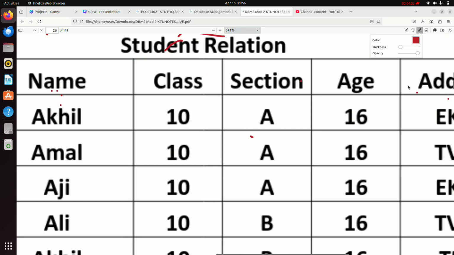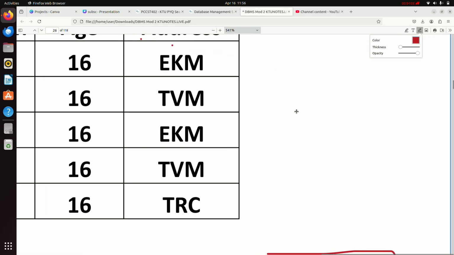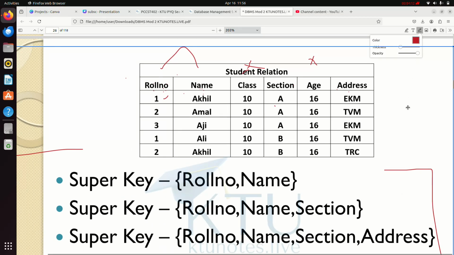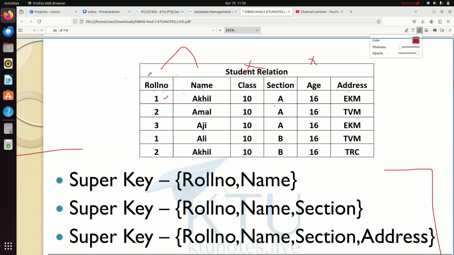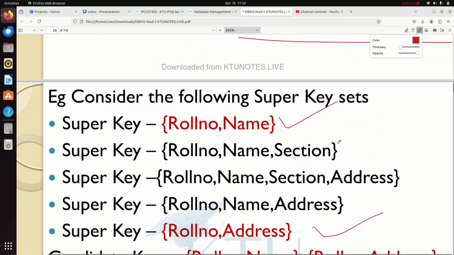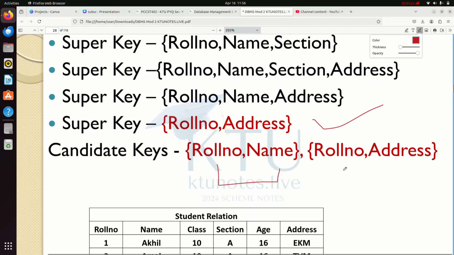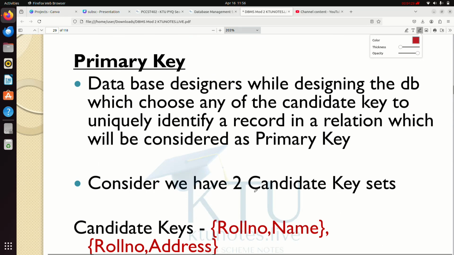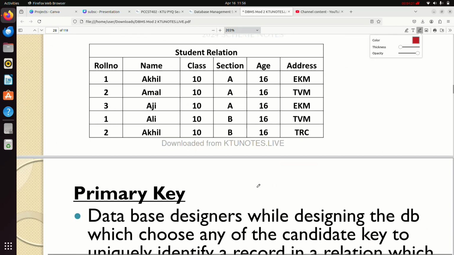That can also be considered a candidate key. Roll number and address, roll number and section, roll number and name can all be considered here, as pairs. These are the candidate keys, the minimal ones which cannot be reduced further. Understood? That is a candidate key.